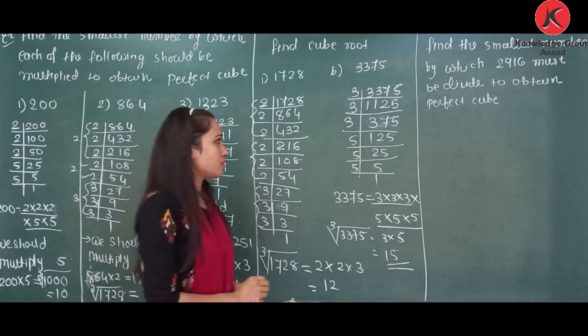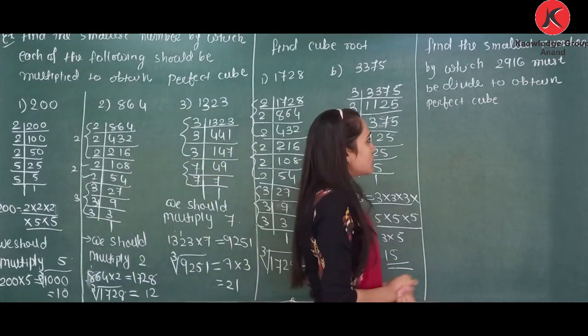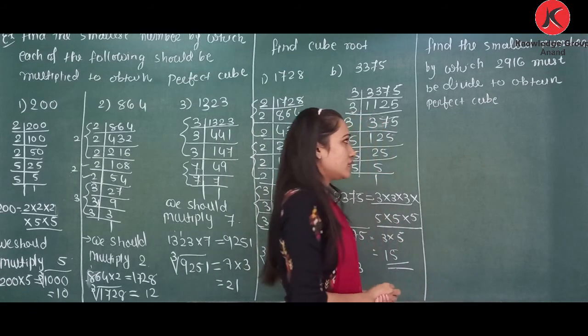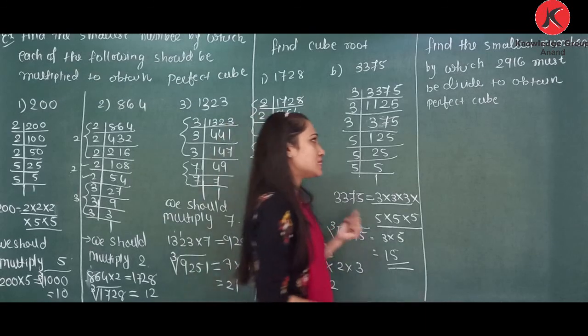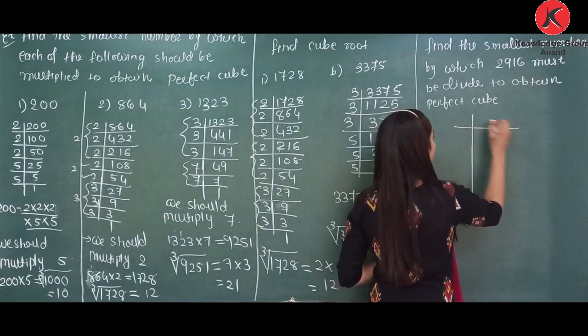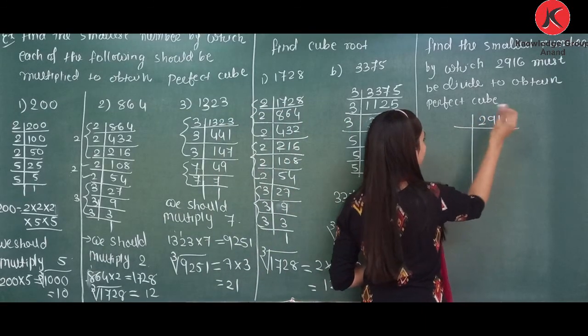Clear? Now next one: find the smallest number by which 2916 must be divided. Instead of multiplying, if it is to be divided, then again find the factors.